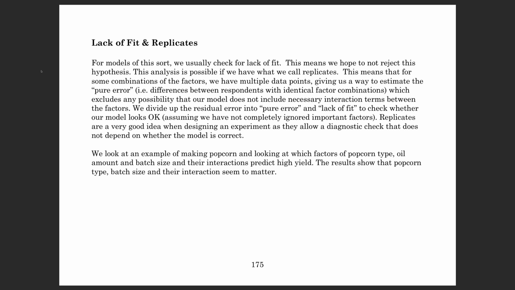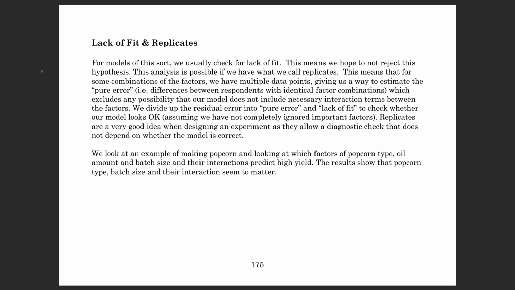So when you're designing an experiment, replicates are obviously a very good idea, as they allow a diagnostic check that does not depend on whether the model is correct. So we're going to have a look at an example of a multiple way classification. We're going to look at a rather silly example of making popcorn and looking at which of three factors and their interactions predict what the yield is.